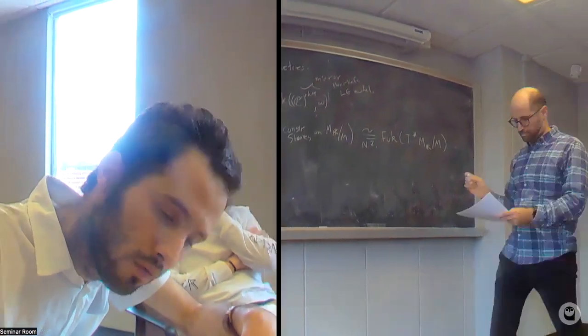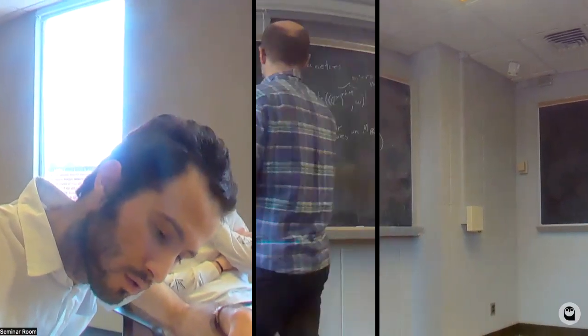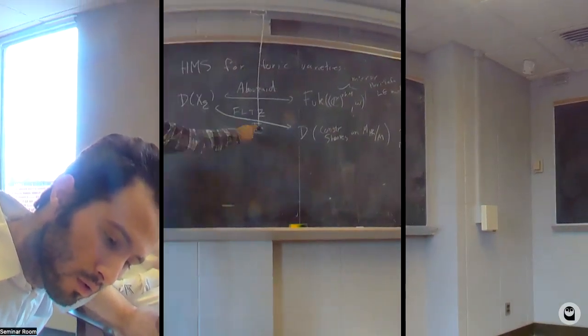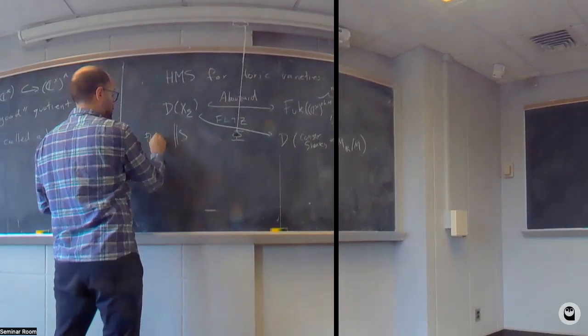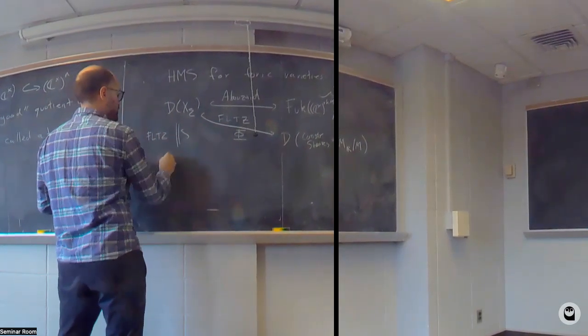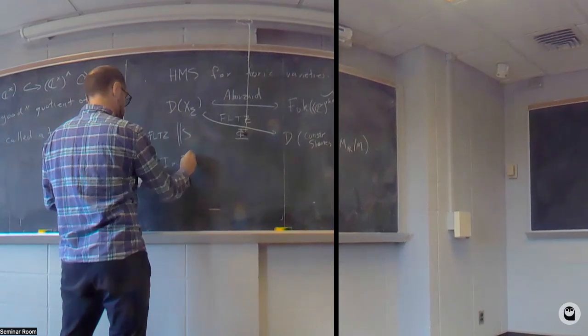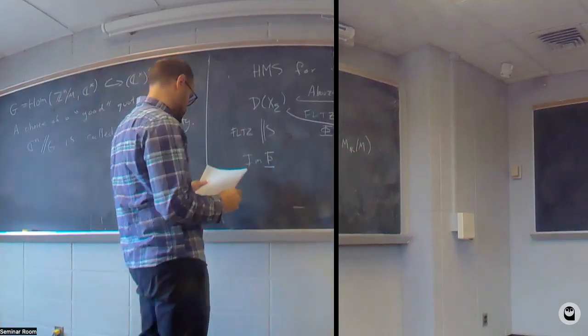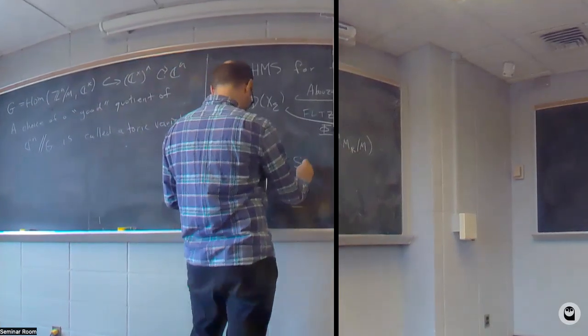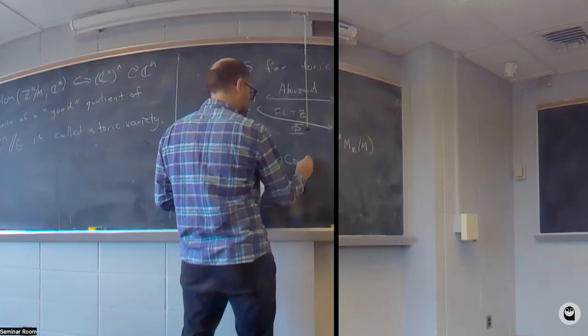And if I call this functor P, then this embedding is equivalent, I'm just rephrasing this, to the image of P. And this image actually is contained in constructible sheaves.